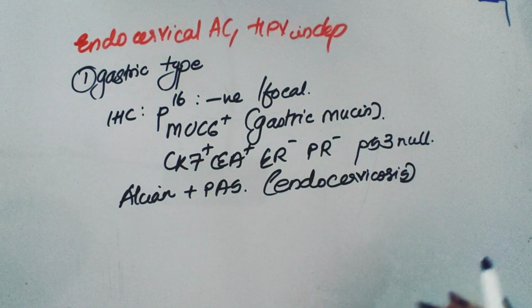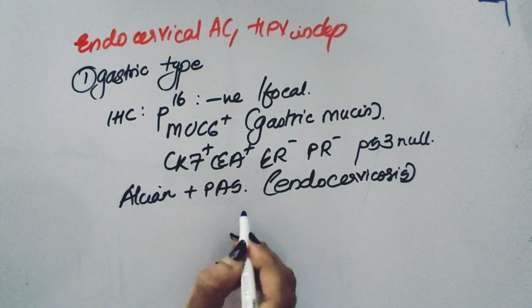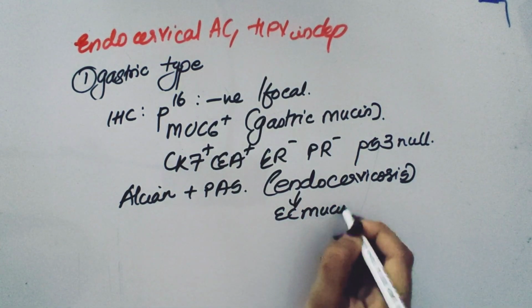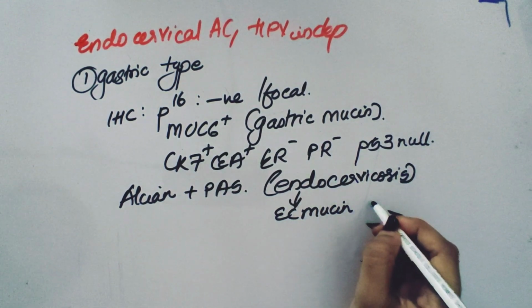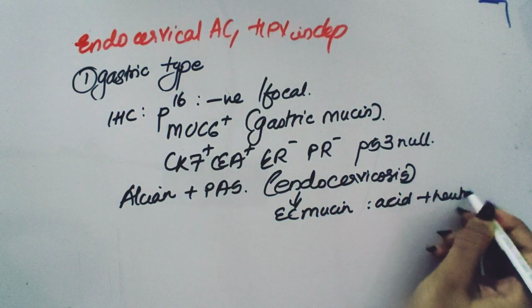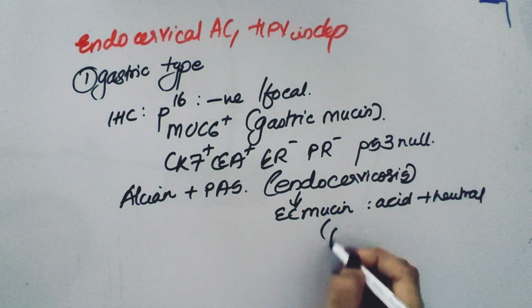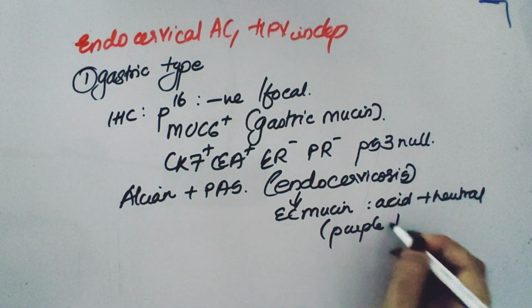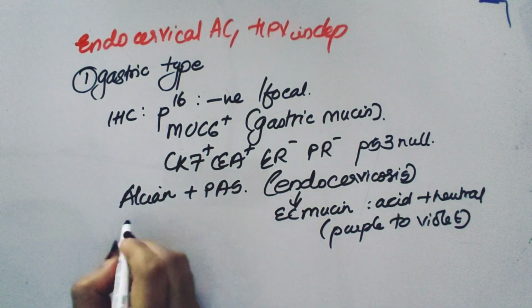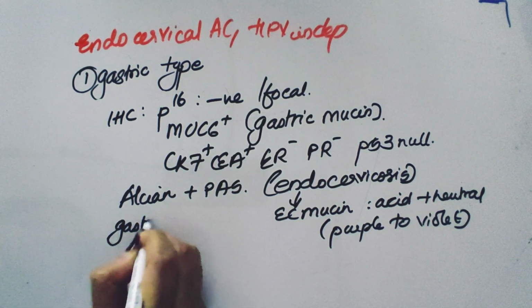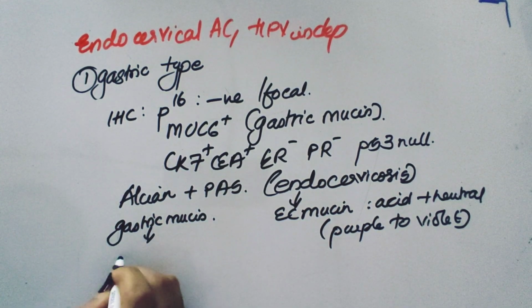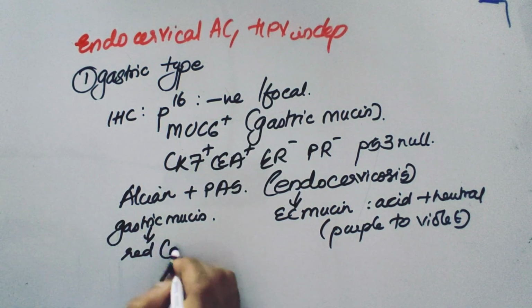It is by the mucin. In the normal endocervical glands, the mucin is acid plus neutral, so it will give a purple to violet color. But if it is gastric type of mucin, you will get red color because it is only neutral mucin.